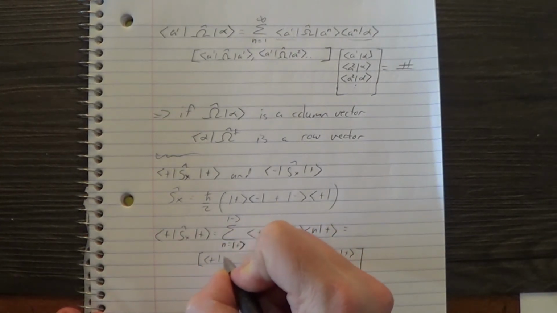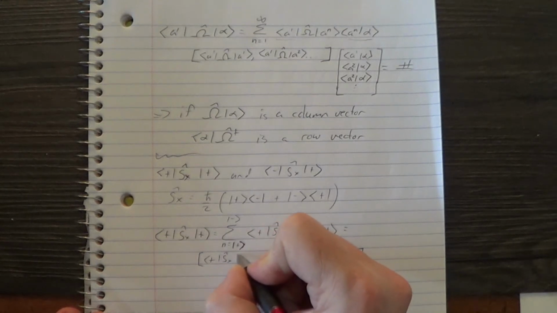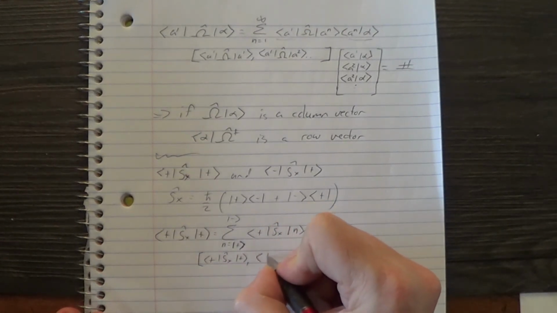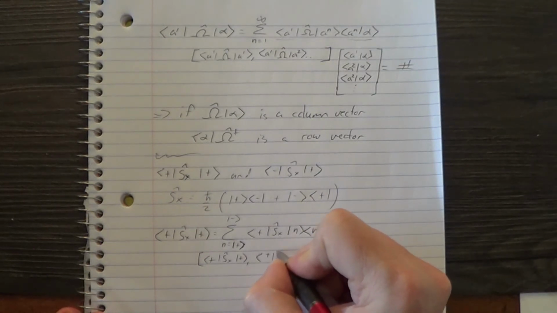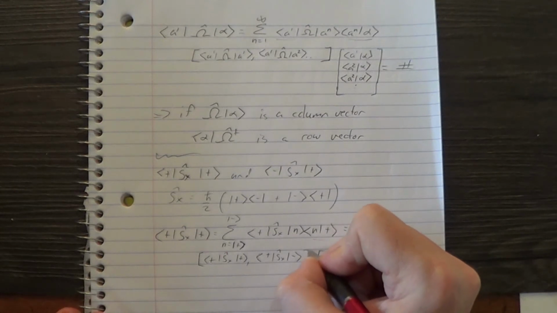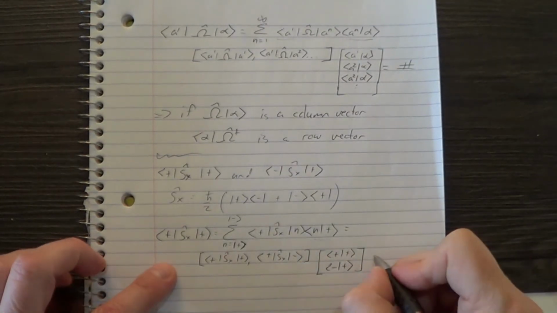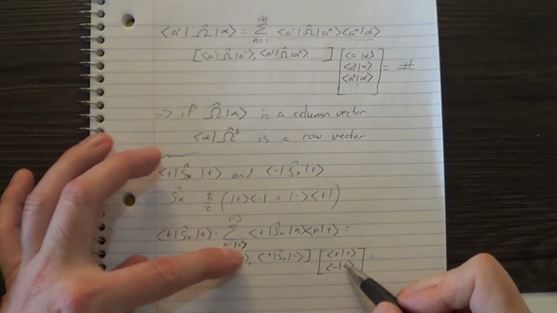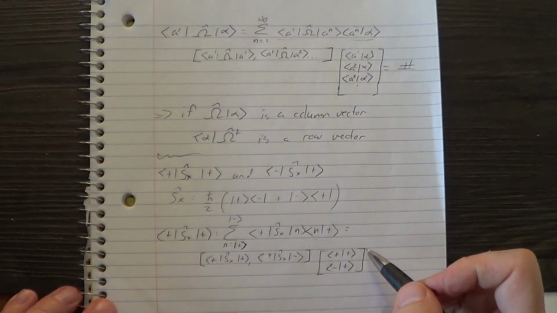That is plus S_x plus, the next element is plus S_x minus. Okay, and the result is this times that plus this times that, so it's a number.